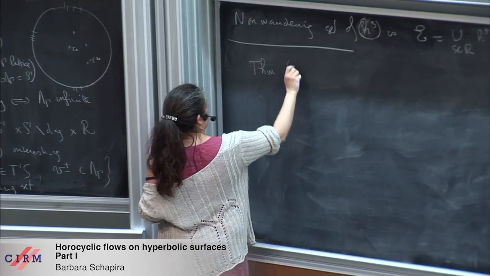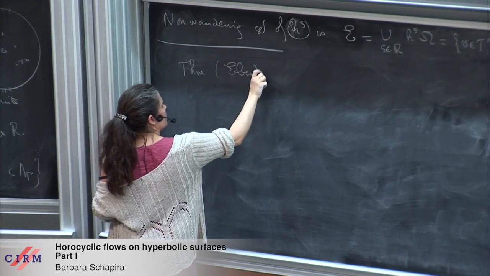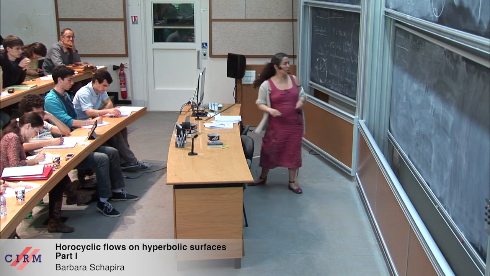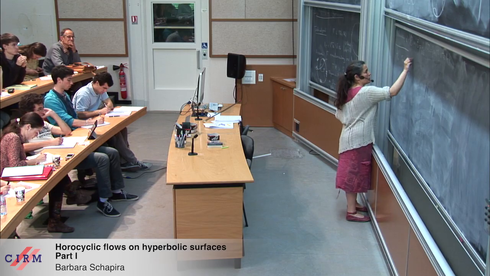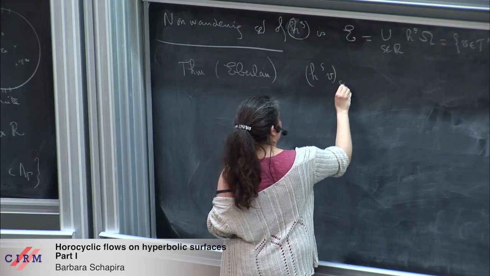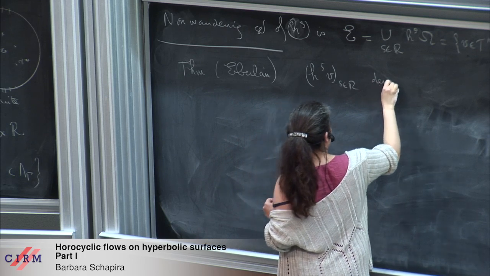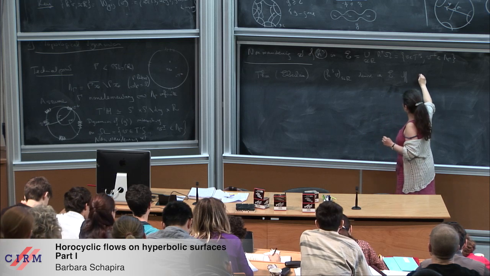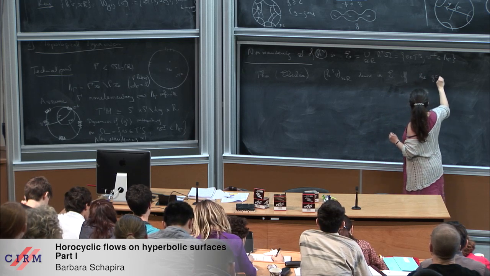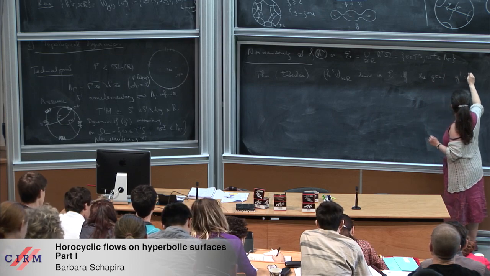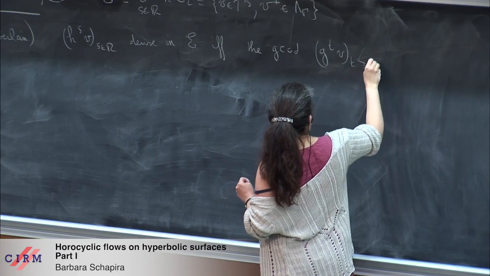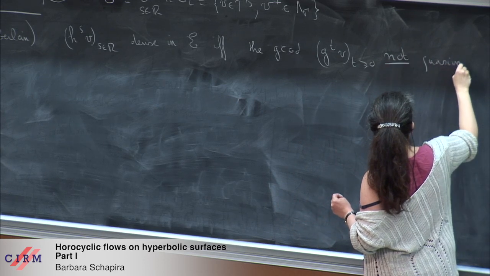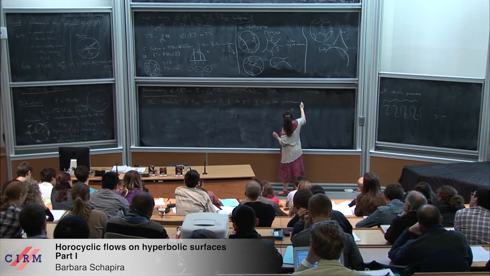I will write theorem because I find it very important, but in fact it's not difficult at all, which says that the horocycle orbit of a vector v is dense, in E of course, if and only if the geodesic g_t v for t positive is not quasi-minimizing. What does it mean?